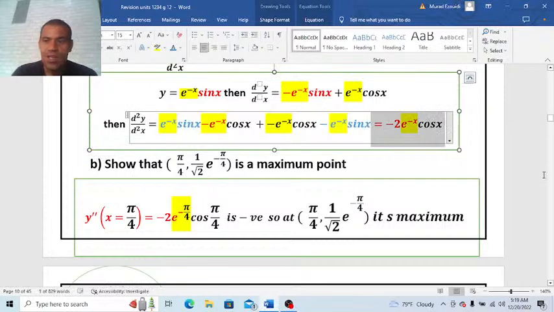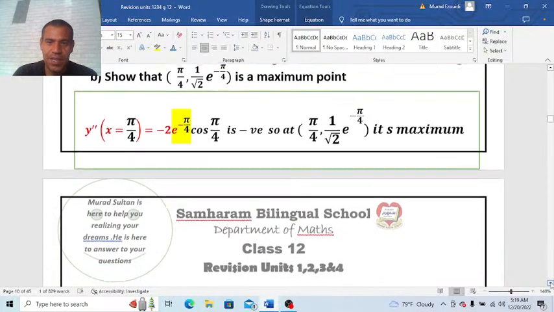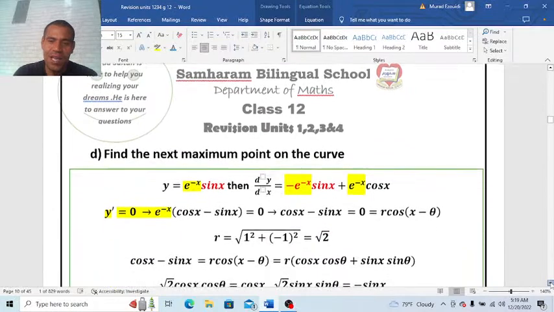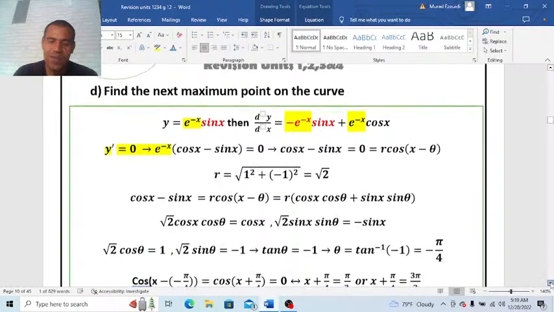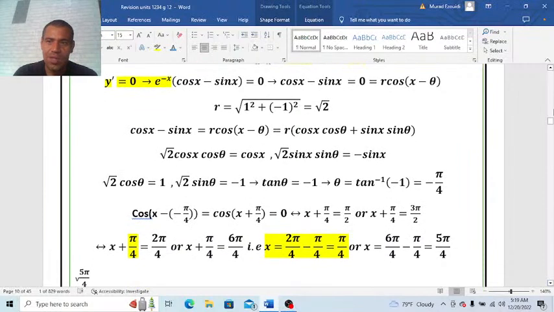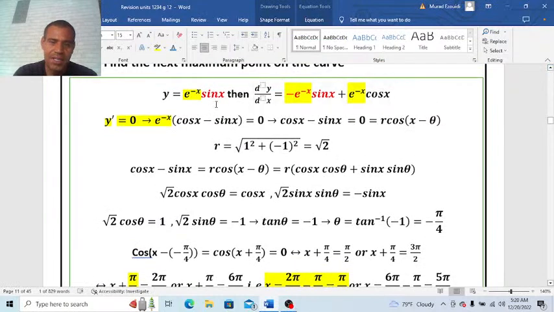I will check if it is positive or negative. And then to find the coordinates of the point at x equal 5 pi over 4, just substitute in the original function y equal exponential minus x sine of x.